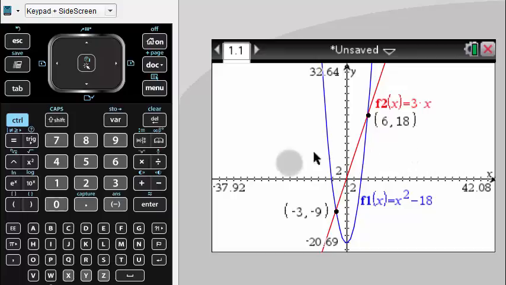If you look to the left of this critical value, the blue curve, the quadratic, is greater in height than the red line. And also to the right of this point, the blue curve is higher than the line. So that's where our answers are. We just found the spots where the quadratic is greater in height than the line: to the right of 6 and to the left of -3.